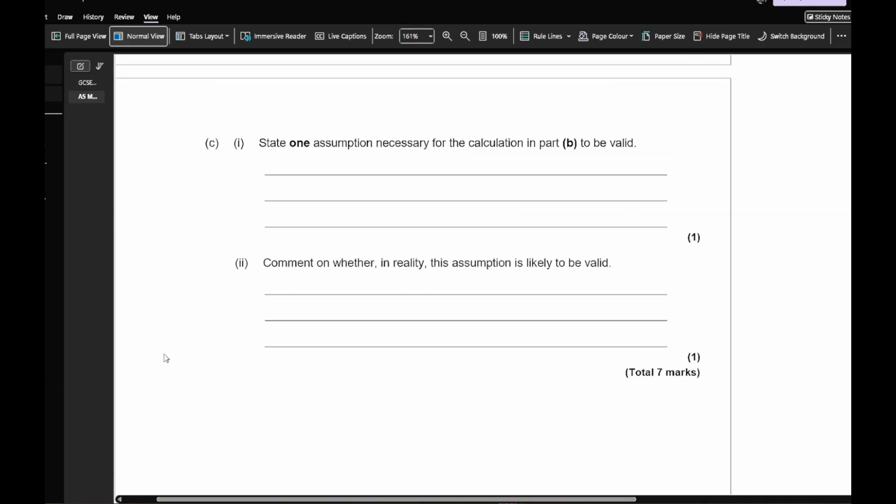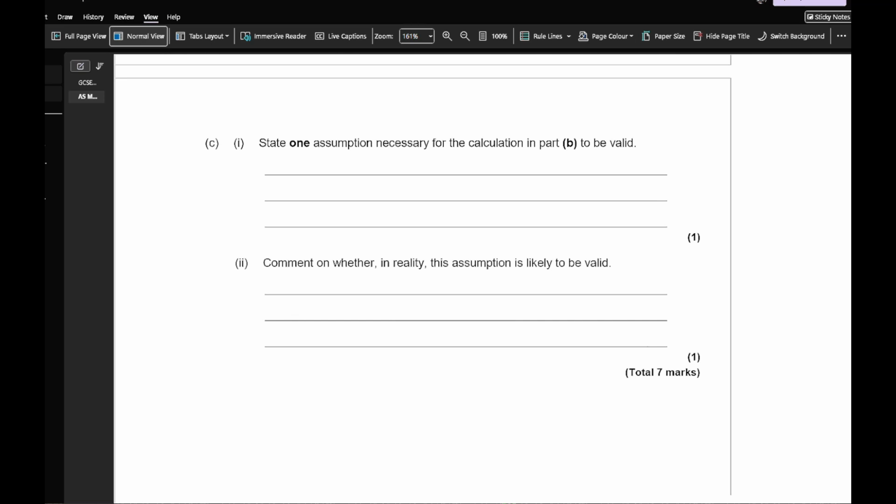Then moving on to question C, it says state one assumption necessary for the calculation in part B to be valid. For this, again, there's a number of answers you can write, and for part 2 as well. So if yours doesn't quite fall in line with what I've written, then just check the mark scheme to see if it'll be accepted.